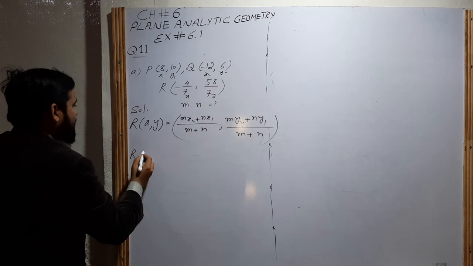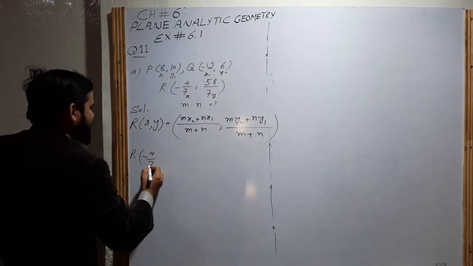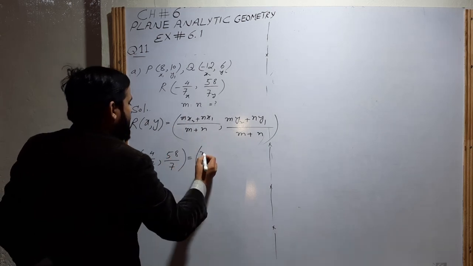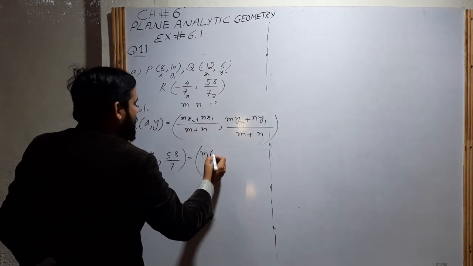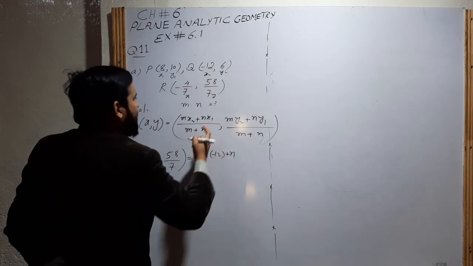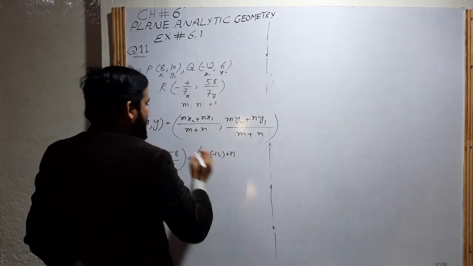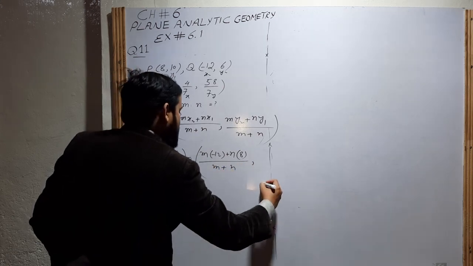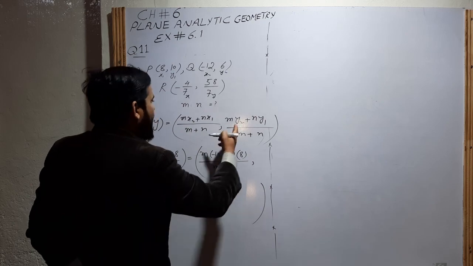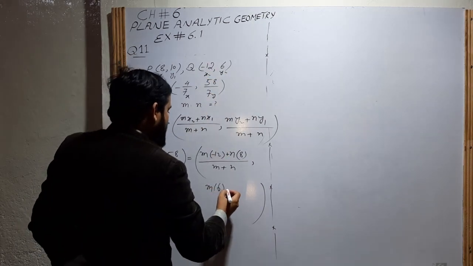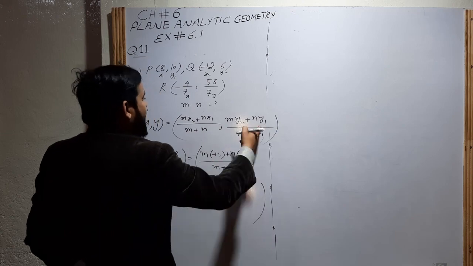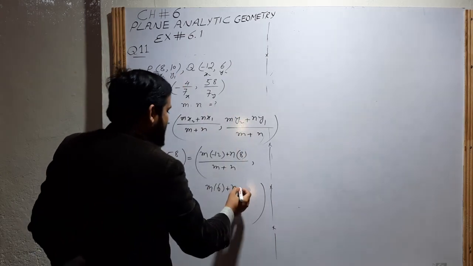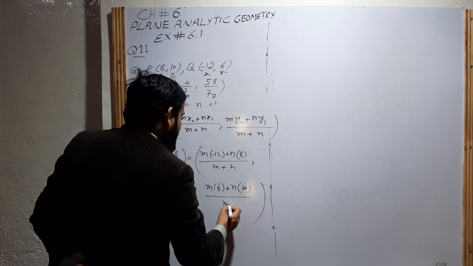So x in this case is -4/7, y is 58/7, and m x2 is -12m plus n x1 which is 8n, divided by m plus n, comma, m y2 is 6m plus n y1 which is 10n, divided by m plus n.